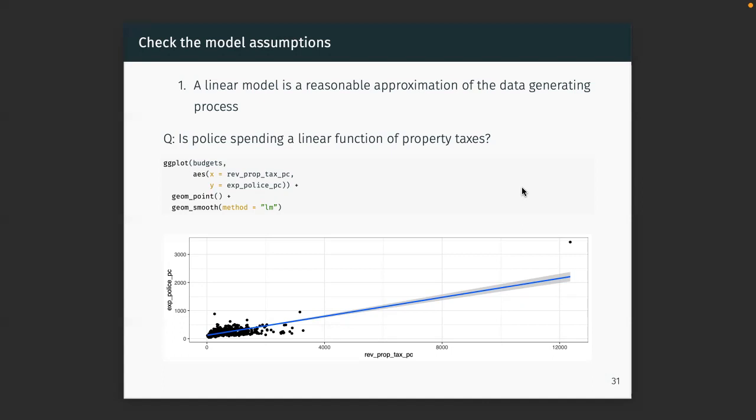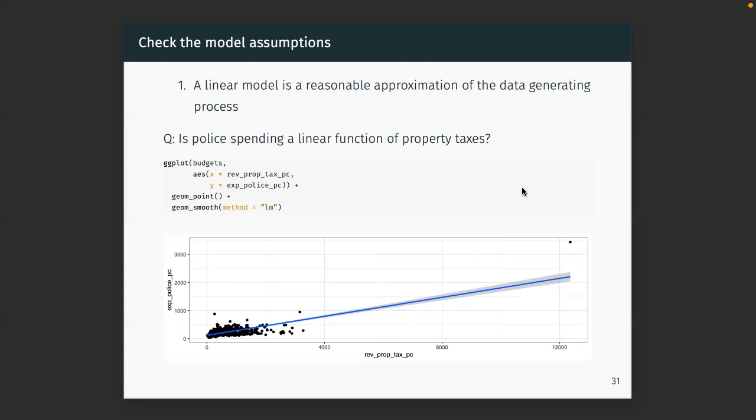We have all this clumping over here, and it looks like this line is pulled up, it's biased upward by that outlier. And I also don't think we have constant error variance. You'll notice that the spread of dots around the line is kind of clumped in, close to zero, right? This spread looks pretty constant through here, but then as we get further away, the dots start to spread further away from the line.